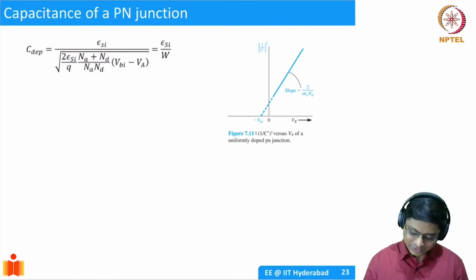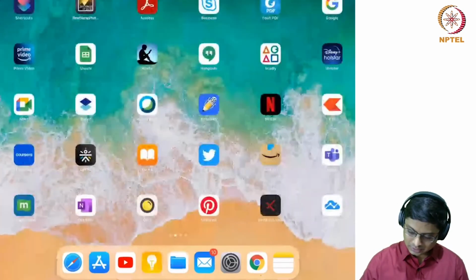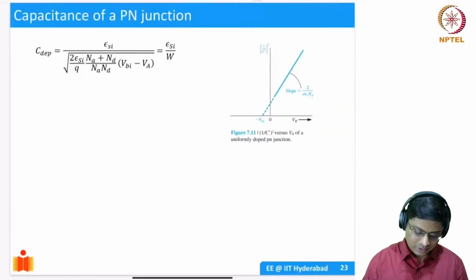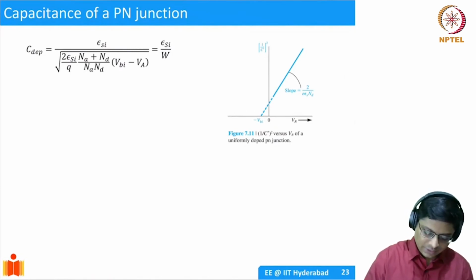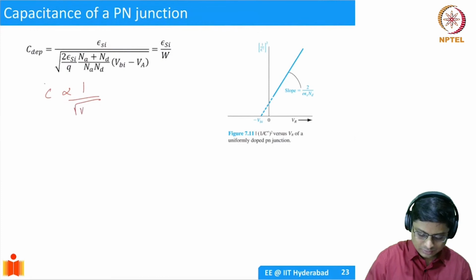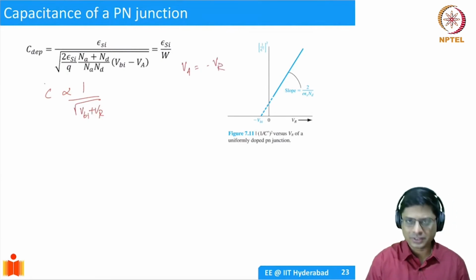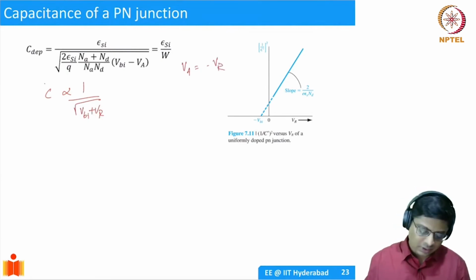One of the important points is, if I look at capacitance, as I said just a moment back, it is 1 over root of voltage. If I write VA equal to minus VR, I'm applying reverse bias. That's all I want to make explicitly clear.